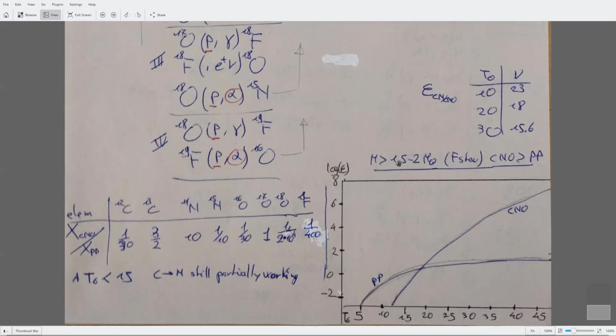This means starting with mass, I forgot the spot, above 1.5 solar masses, essentially F stars, exactly the stars above us. We have the G type; the F stars start to have more CNO production than PP.